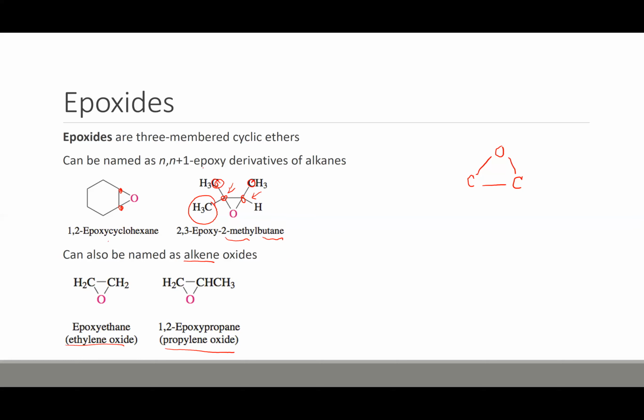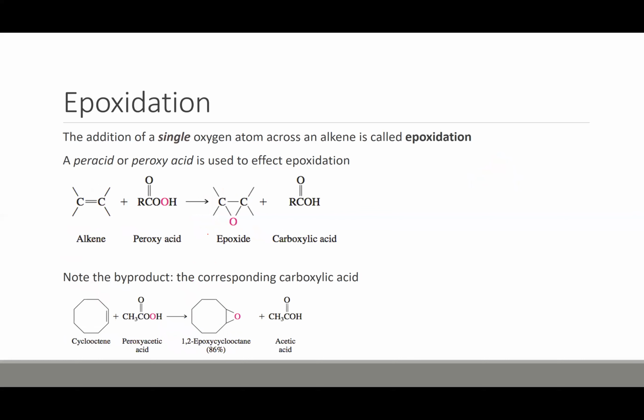Instead, use this format in which you're numbering the epoxy group as if it was just another side group along the carbons where it is, and then putting it in front of the alkane name. Now, an epoxidation reaction is the addition of a single oxygen atom across an alkene, ultimately forming an epoxide. So you're taking a double bond and you're making an epoxide. You're adding that oxygen where that double bond was.